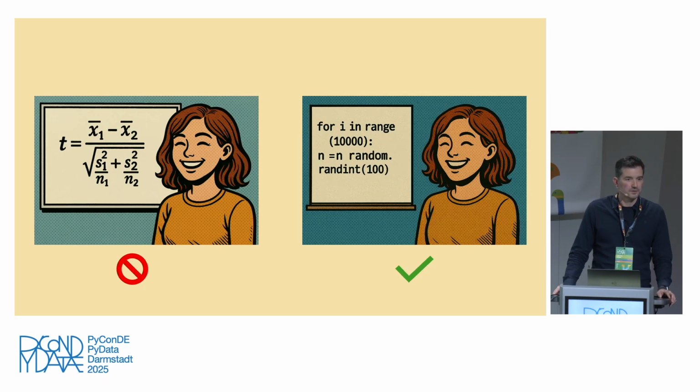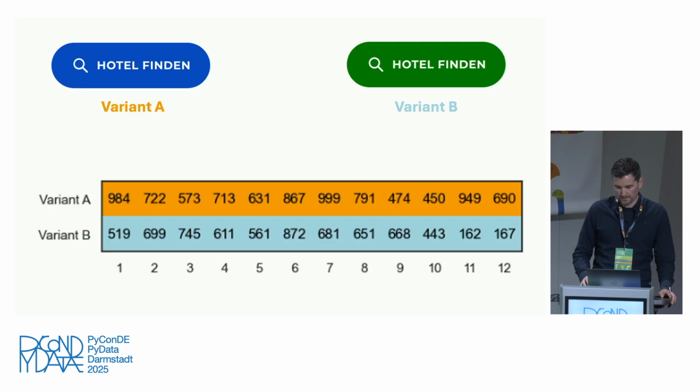If you're more into statistics, there might be something to take out as well, but more on a discussion level, I would say. This is the target audience here, and since we're here at PyCon and PyData, that's a nice venue to talk about this. So if you're into software engineering and you don't have a very thorough statistical training.